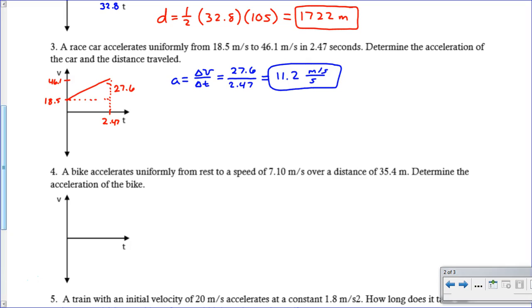To figure out the distance now, we're going to take the area of these two shapes. We've got this rectangle here and this triangle up here. We're going to say that the distance traveled equals, we'll do the triangle first, 1/2 times 2.47 times 27.6.